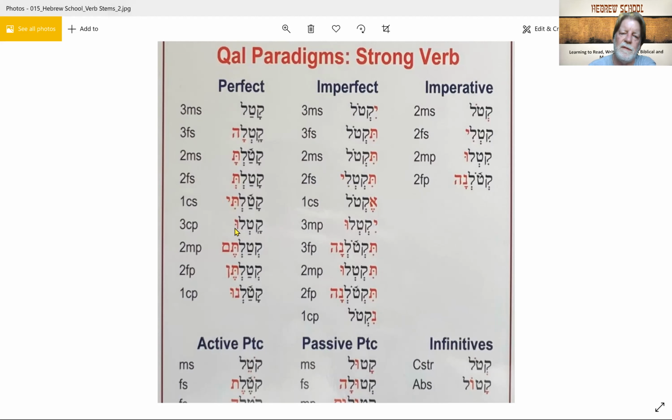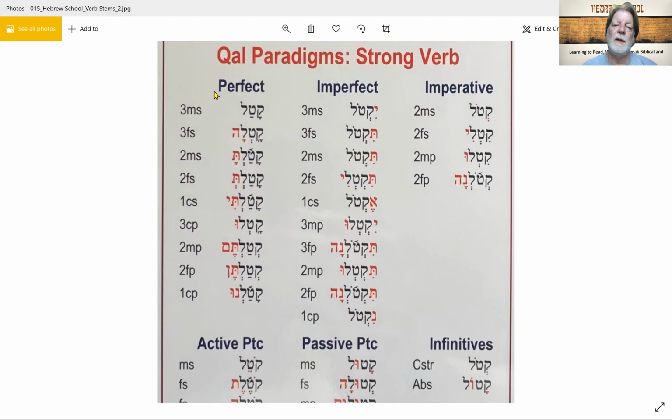And then for the third person common plural, we've got the shureq ending, and for the first person common plural ending, the we ending, it's nun, shureq, or nu, the nu sound. But for the perfects, notice that most of the changes take place as suffixes. And the more familiar we get with these and the more we see them in the text, the more we'll be able to sort these suffixes out.